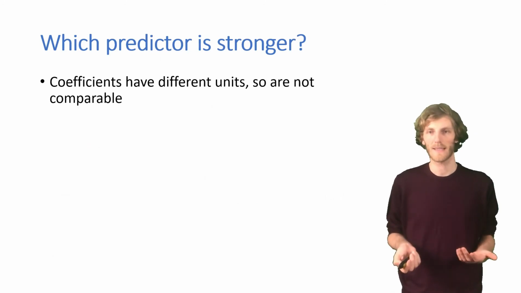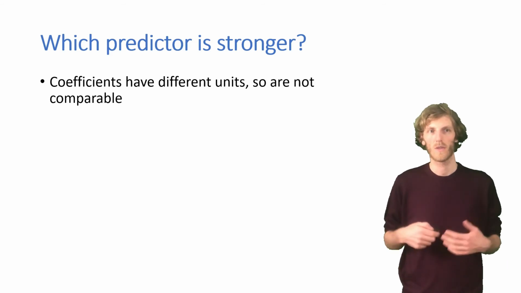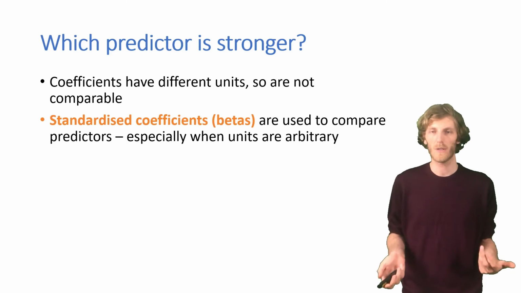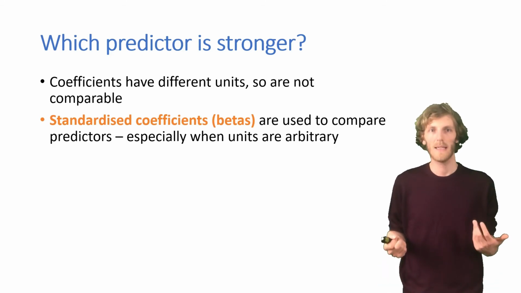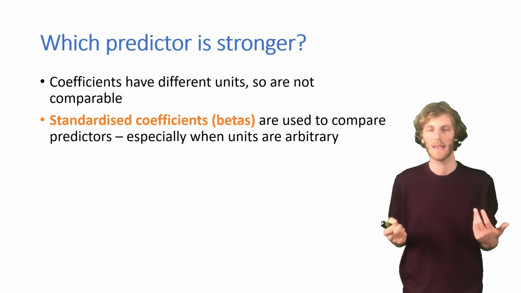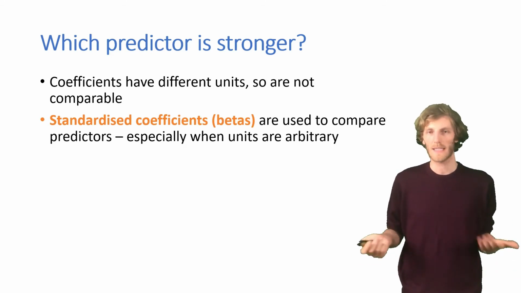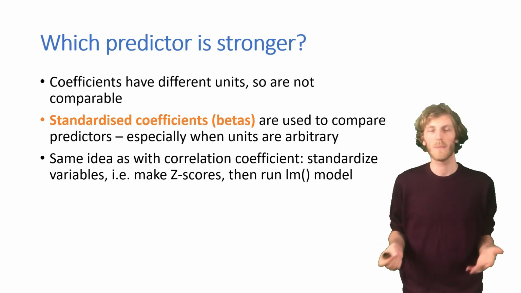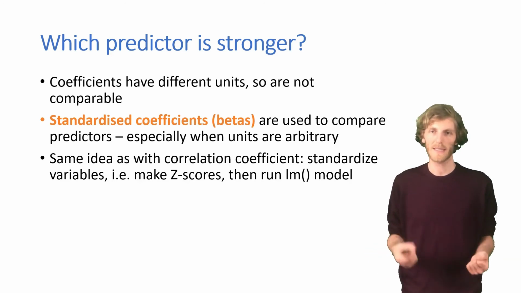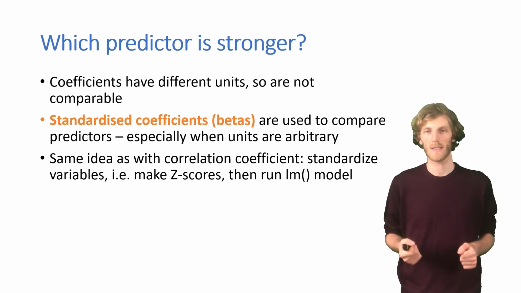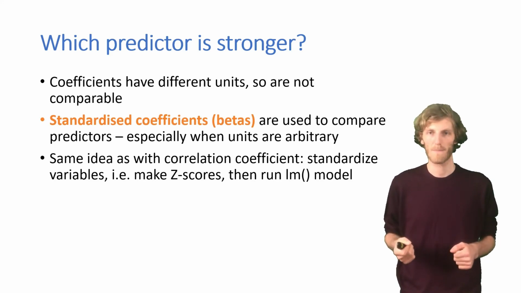It's all about standardizing the data. Whenever we have different units, a way to go about it is through standardization. Standardization, specifically in statistics, tends to mean making z-scores, so expressing the data in terms of standard deviations rather than in terms of the original units.